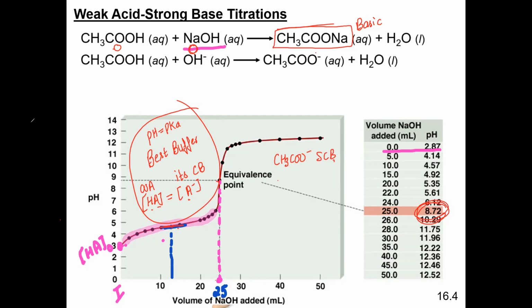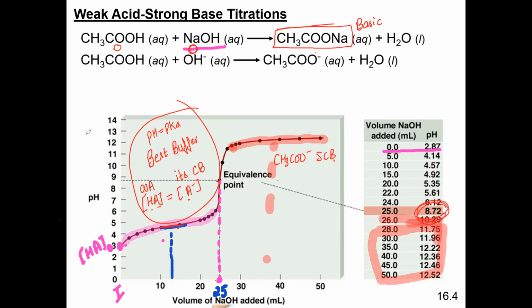And here the pH is determined by the excess of the base. After the half equivalence point, you are adding extra amount of the base.